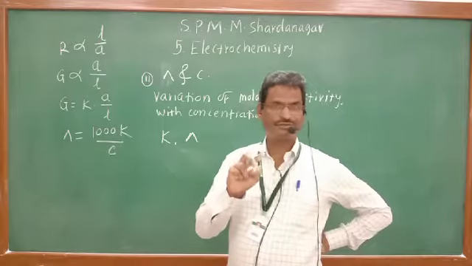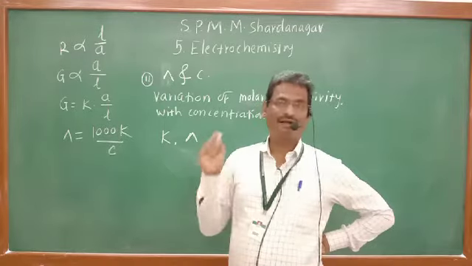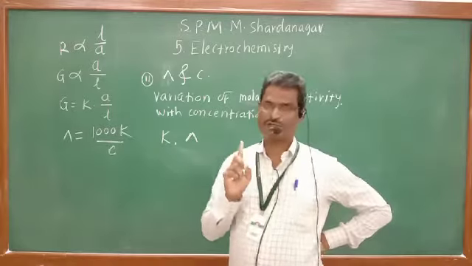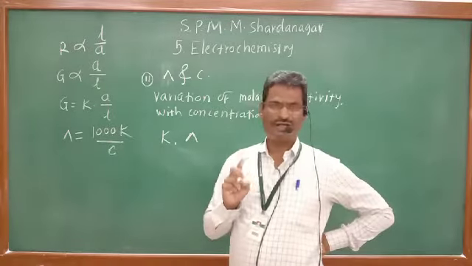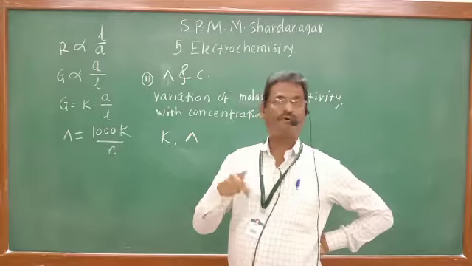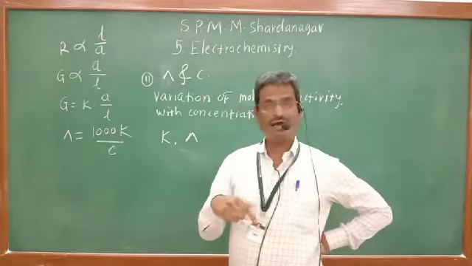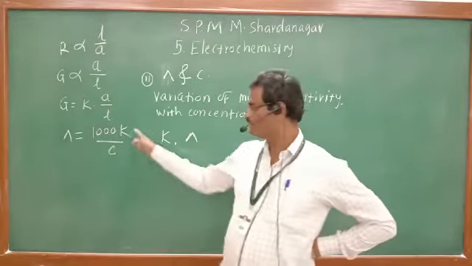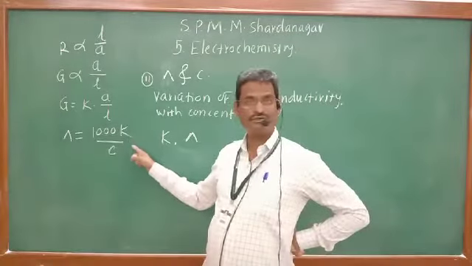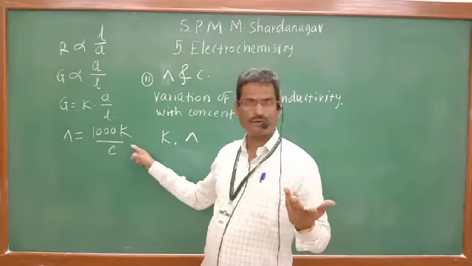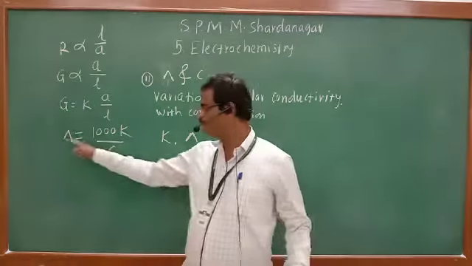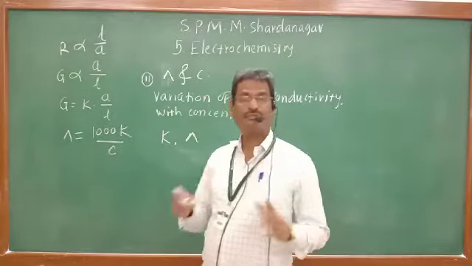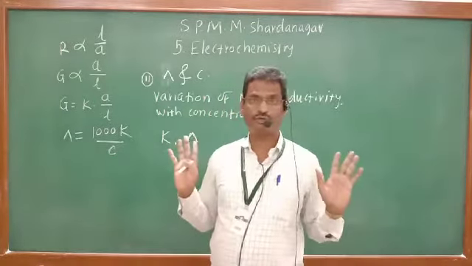And two dimensions of which division is constant, they are directly proportional to each other. That we have studied. K and C, division is constant, so they are directly proportional to each other. But capital lambda and C, their multiplication is constant, therefore they are inversely proportional to each other.